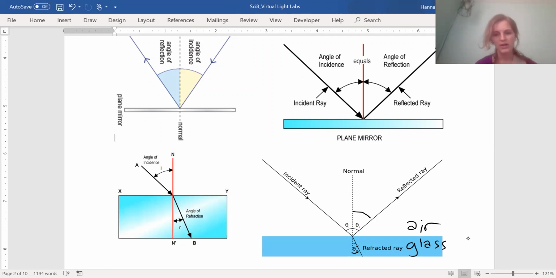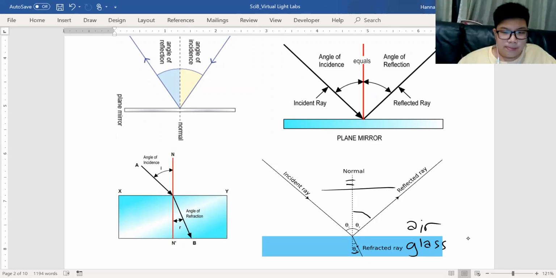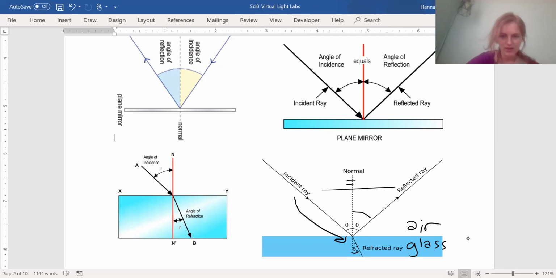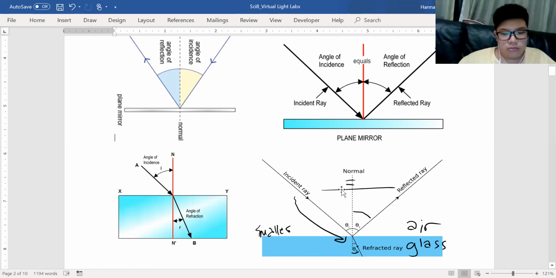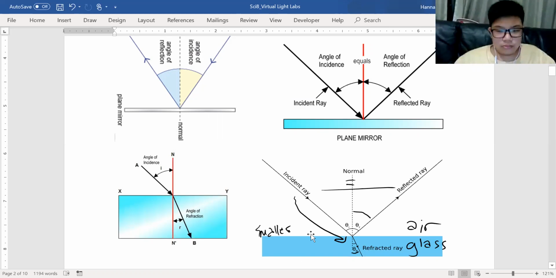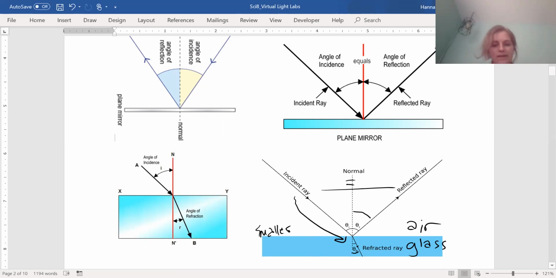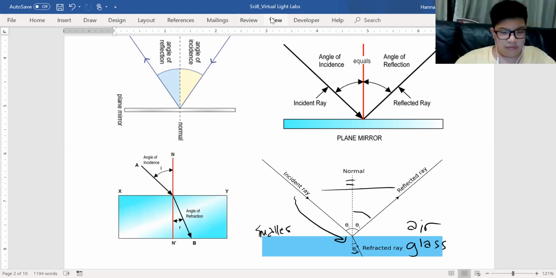The reflected ray is equal to the incident ray, but between the incident ray and the refracted ray, it becomes smaller.